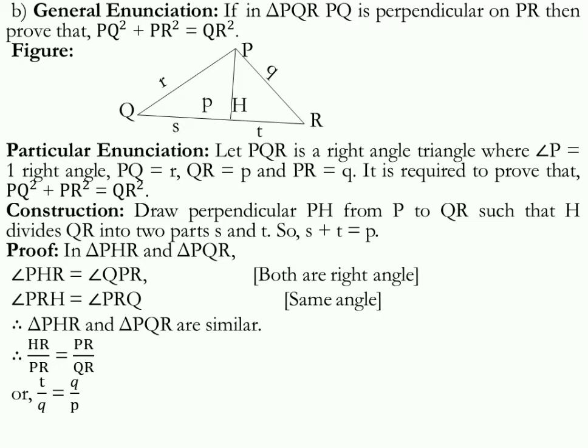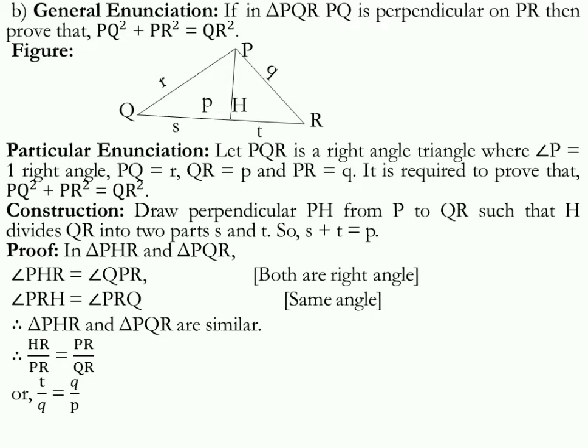ratio should be the same. So here we have shown in triangles PHR and PQR, HR divided by PR, HR from PHR and PR from PQR, equals PR divided by QR. So in the numerator we have shown the sides of triangle PHR, and in the denominator we have shown the sides of triangle PQR.